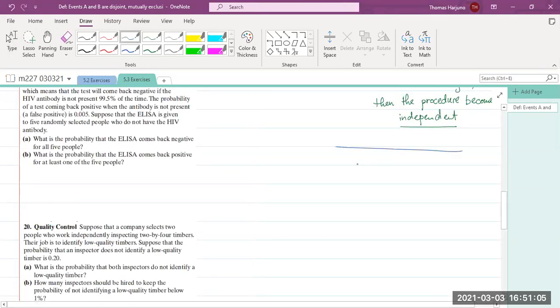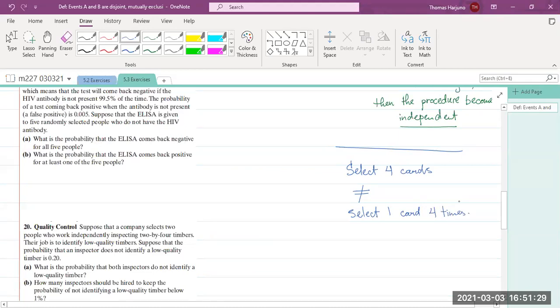Notice that when I say the procedure of selecting 4 cards, it's actually different from selecting 1 card 4 times, because the second implies you're putting it back.